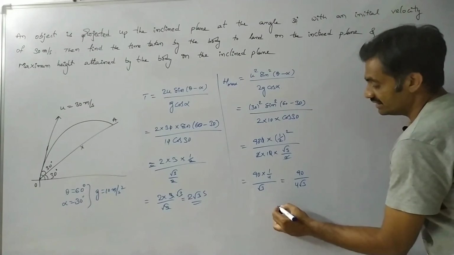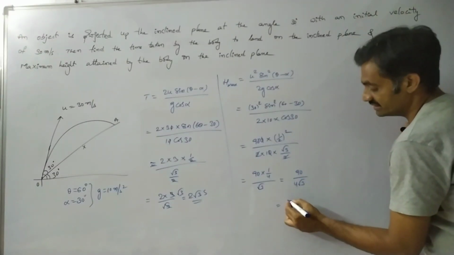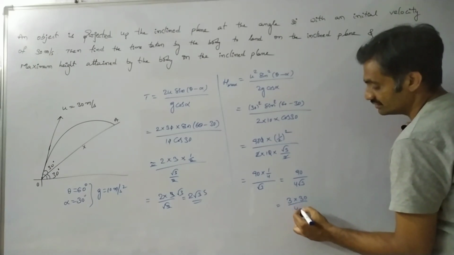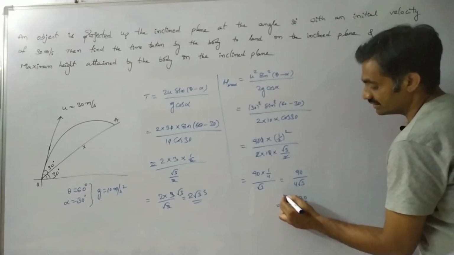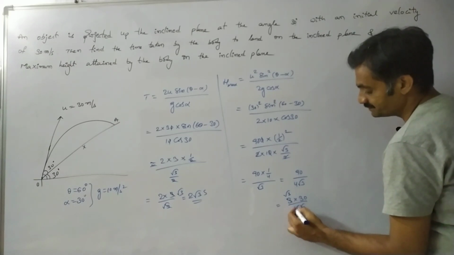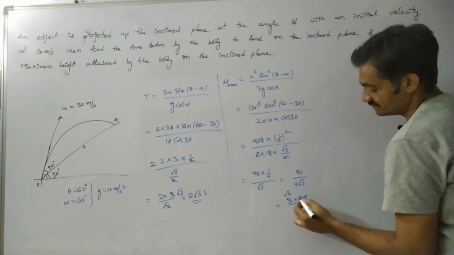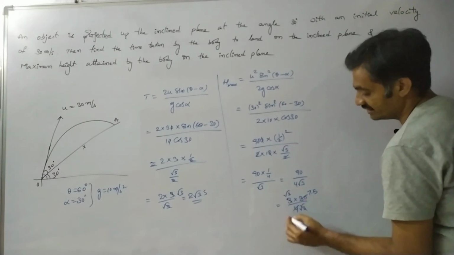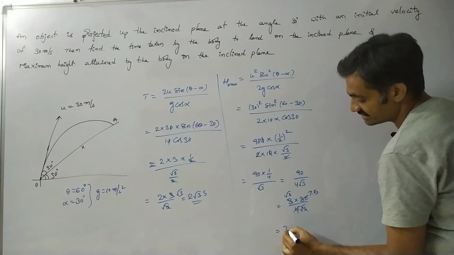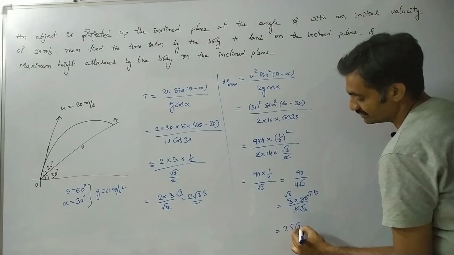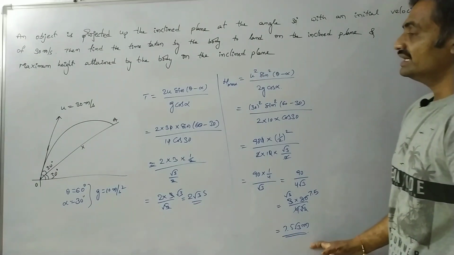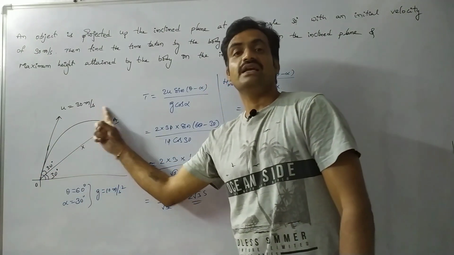And here we know that 90 can be represented as 3 into 30 by 4 root 3. So here we get root 3 as well as 4 times here we get 7.5. So based on that we can represent it as 7.5 root 3 meters. So it represents the maximum height attained by the body on the inclined plane.